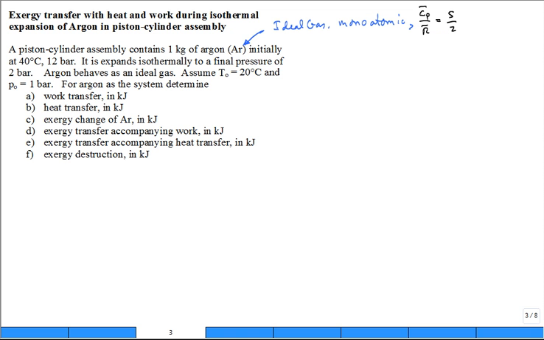That means the specific heat is constant. So we can write that, taking away the bar, as C sub P over R, and you can get a value for the specific heat if you need it.